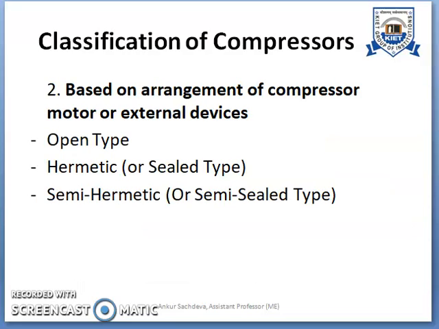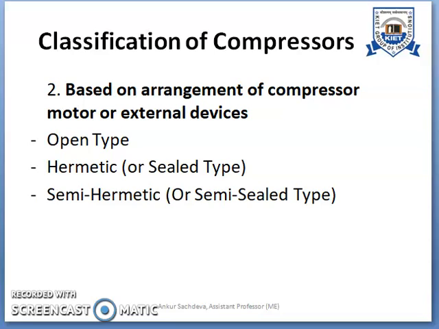And second classification is based on the arrangement of the compressor and the motor which is used to run the compressor. First one we have open type, second one we have hermetic and third one we have semi-hermetic.